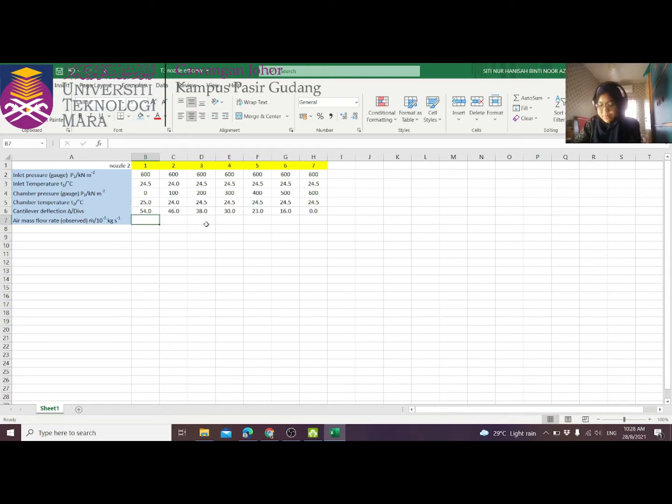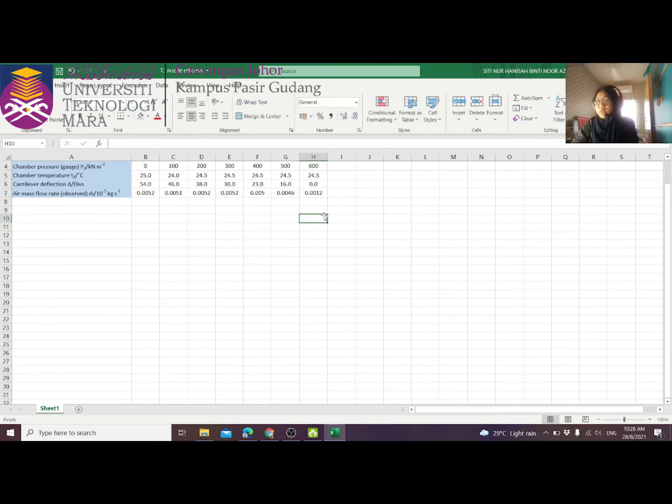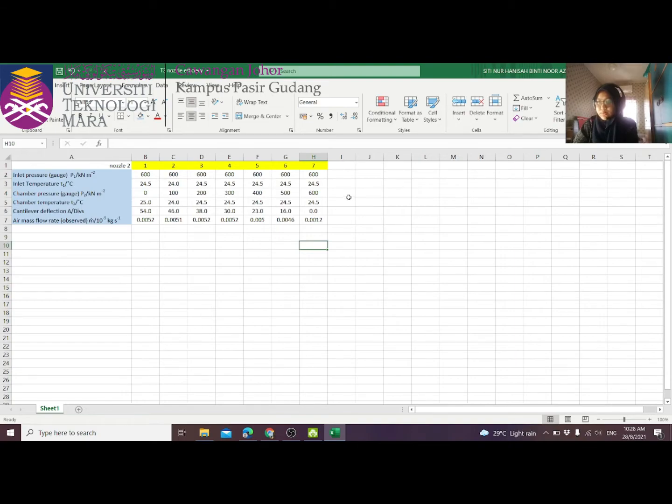Next is the MS flow rate. Observe point is 0.0052, 0.0051, 0.0052, 0.0052, 0.0005, 0.0046, and 0.0012. Okay, this is the observation table, and then we will do the derived result table.